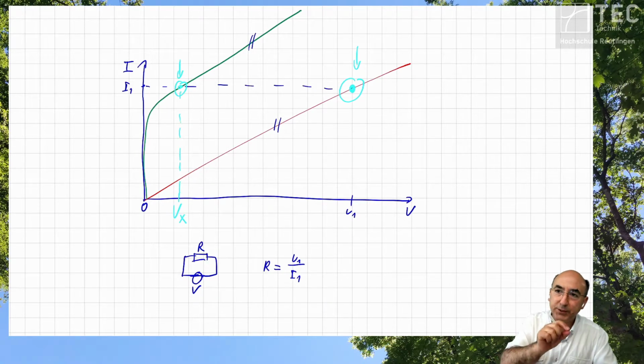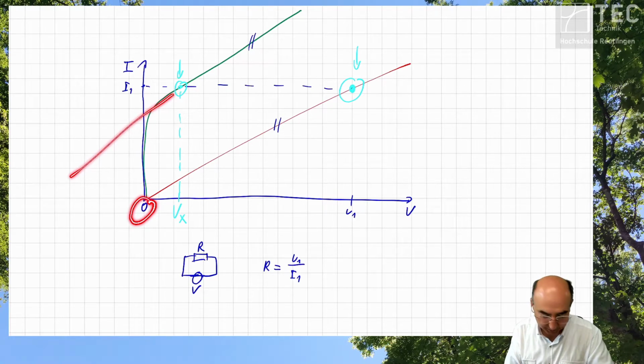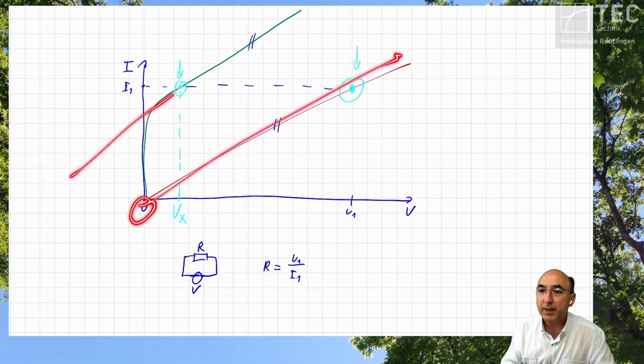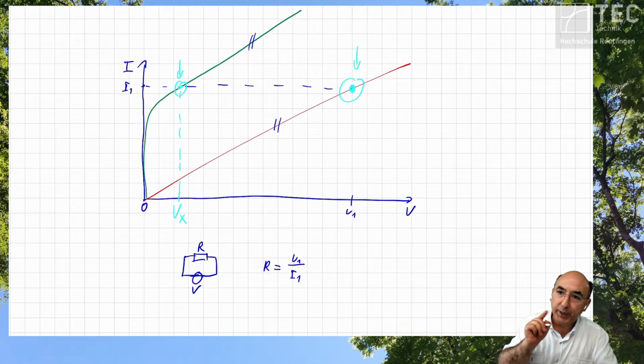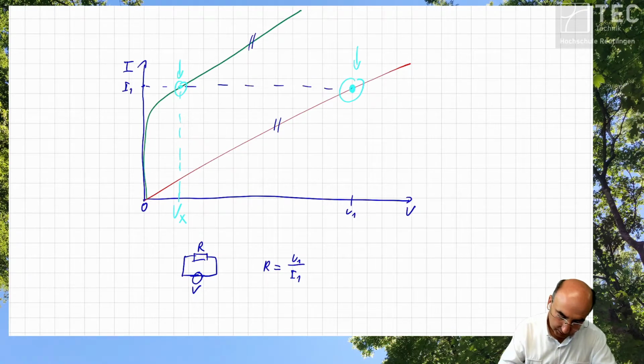So a differential resistor does not have the same origin as an ohmic resistor. And this is the reason why you are using so-called active loads. What is an active load? A transistor.